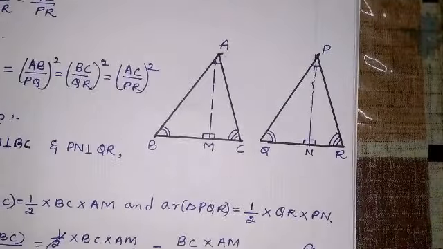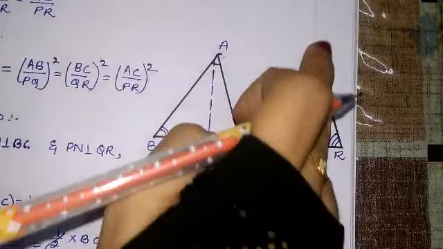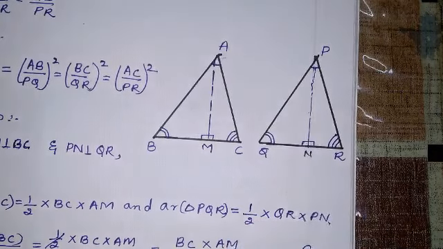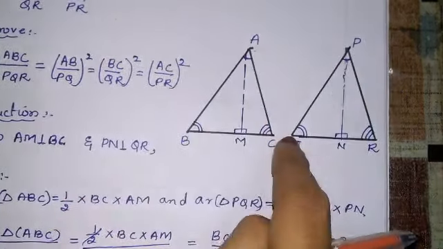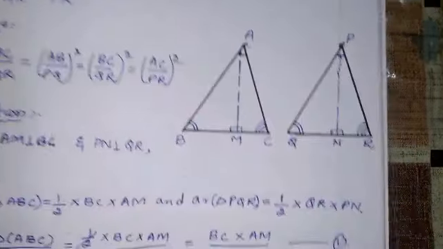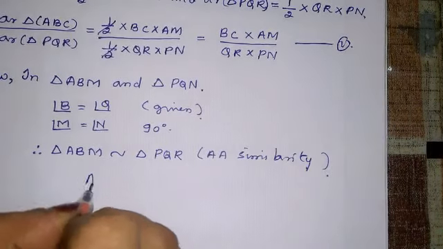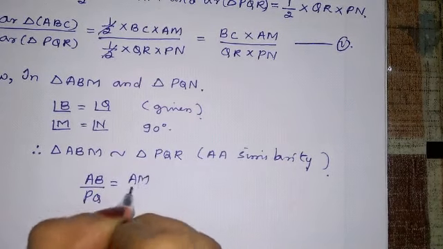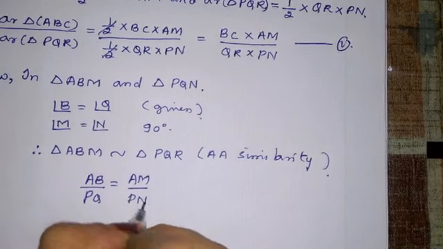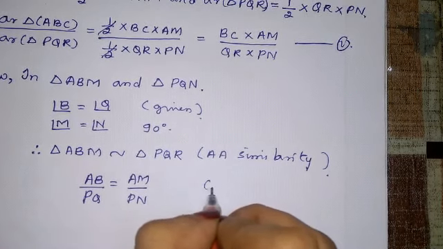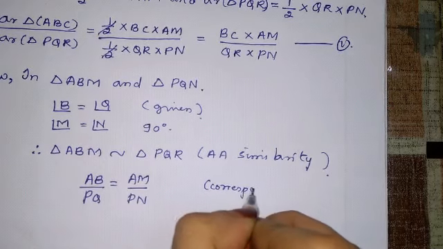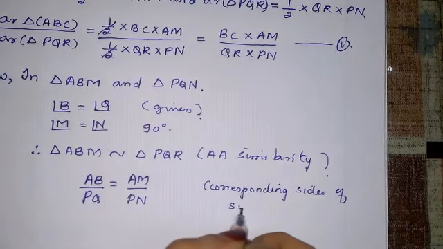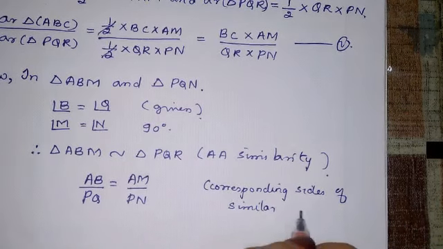So we can write AB by PQ is equal to AM by PN, because corresponding sides of similar triangles are in proportion.